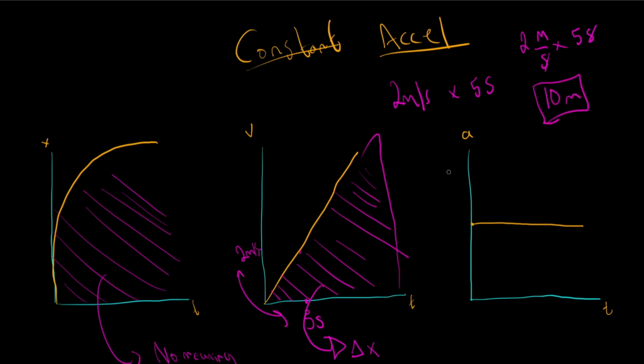So it actually makes sense that it gives you the displacement. And you have to make sure it's not the distance under the graph, it's the displacement. So delta x and not just x.